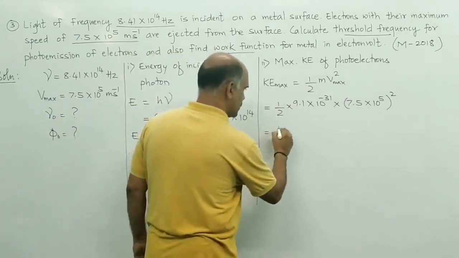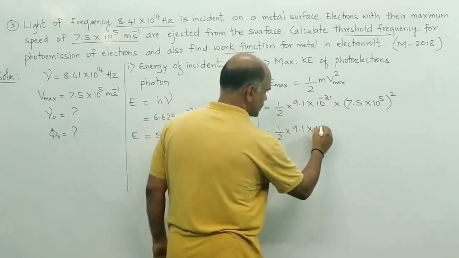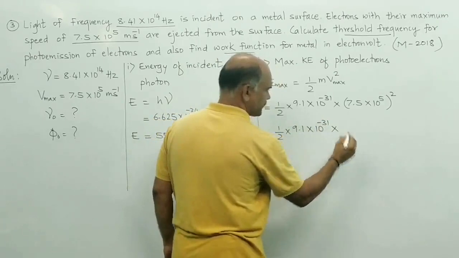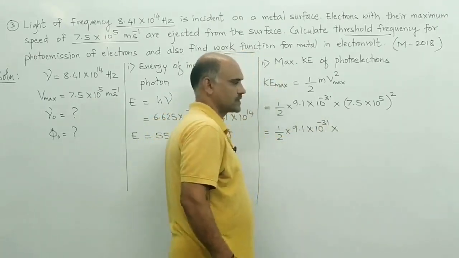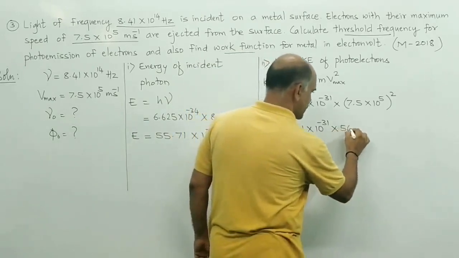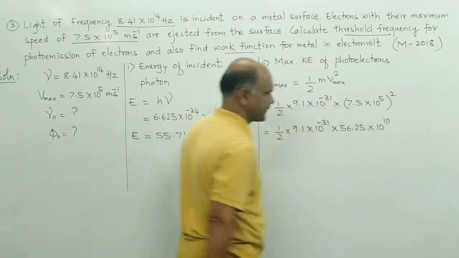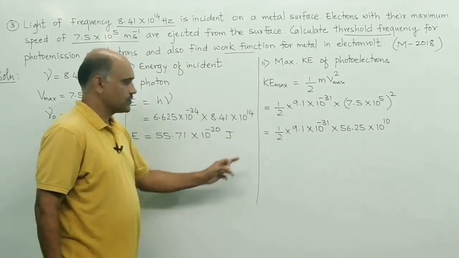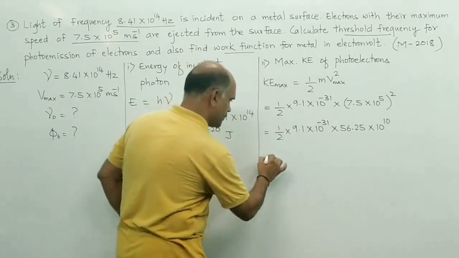So I will have half into 9.1 into 10 raised to minus 31 into 7.5 square, you can use calculator, 56.25 into 10 raised to 10. So now use calculator, multiply these two and divide by 2.